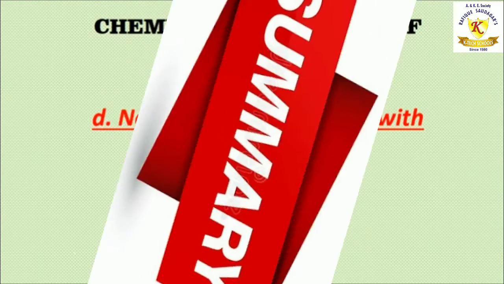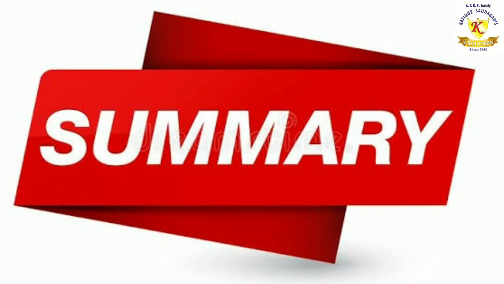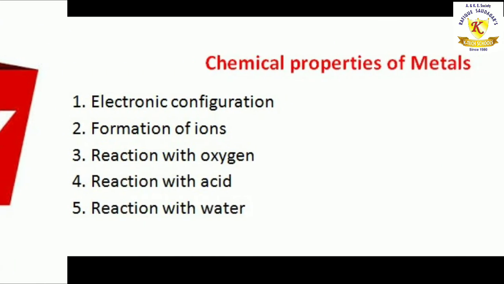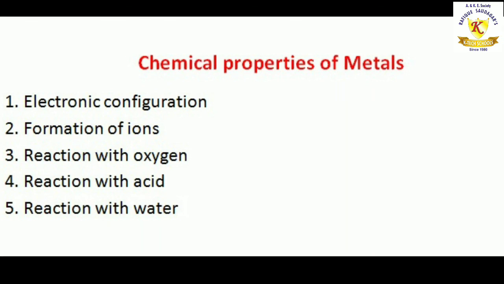Now, let's see the summary of what we have learned in today's lecture. Chemical properties of metals: electronic configuration, formation of ions, reaction with oxygen, reaction with acid, and reaction with water.